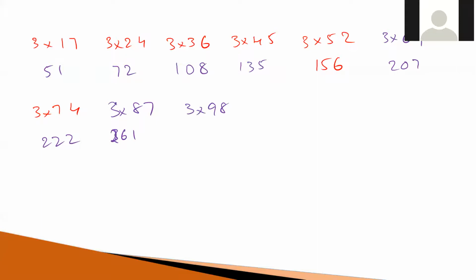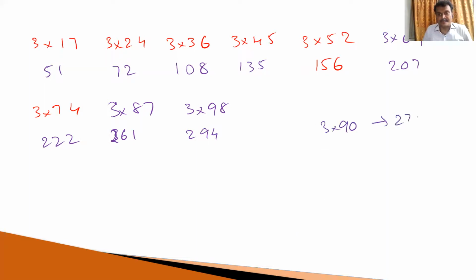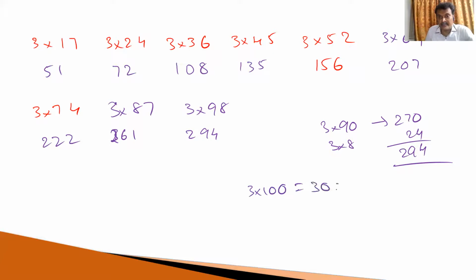A simple technique is there. 294. See, here two ways are there. One is 3 into 90, that is equal to 270. 3 into 8 is 24. So this is equal to 294. This is one way. What is the other way? 3 into 100 is 300.